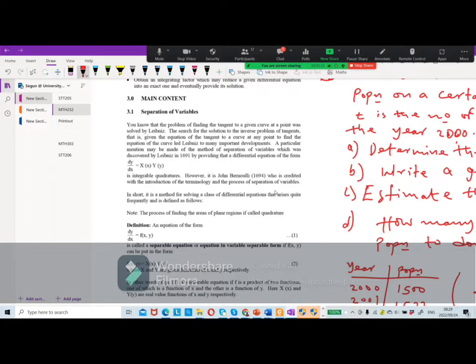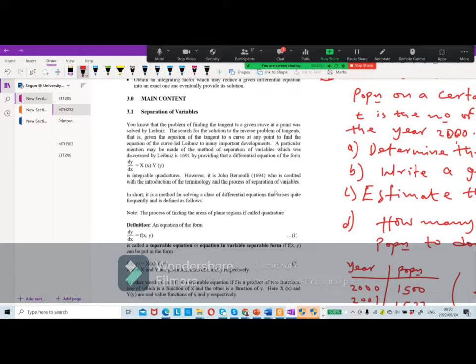A particular mention may be made of the method of separation of variables, which was discovered by Leibniz in 1691, by proving that a differential equation of the form dy/dx = X(x)Y(y) is reducible to quadratures.